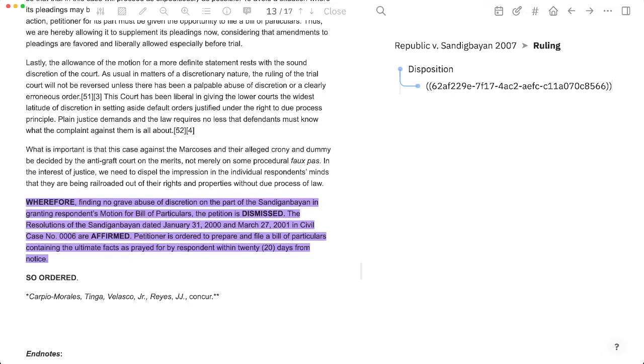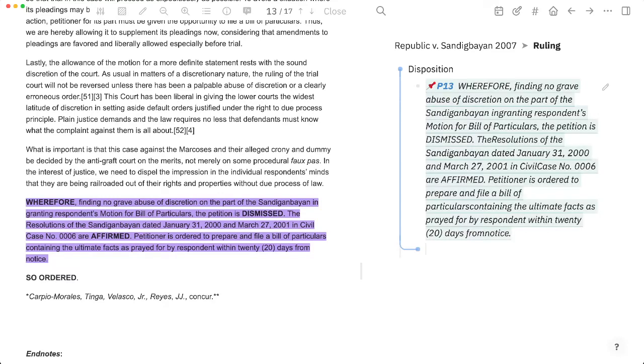So ang nangyari dito, finding no grave abuse of discretion on the part of the Sandiganbayan and granting respondent's motion for bill of particulars, the petition is dismissed. So na-dismiss ang petition, part of the Sandiganbayan.